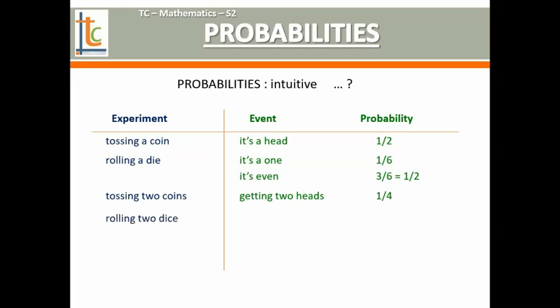So let's take a game that is a little bit more complicated, and let's roll 2 dice. If you roll 2 dice, there are multiple possibilities in the end, and you would be interested in the event it's a double. So double 1, double 2, and so on.